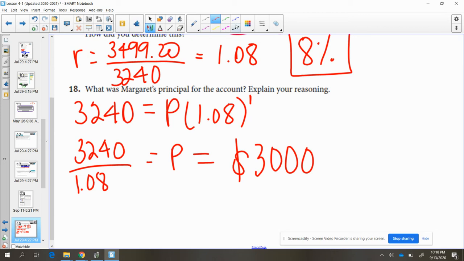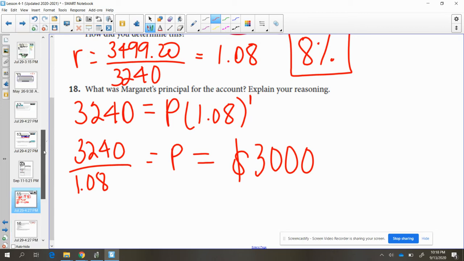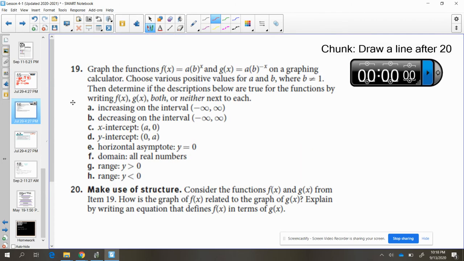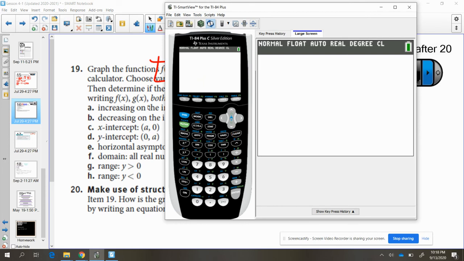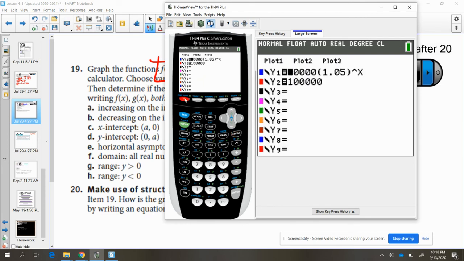All right, last but not least for today, let's talk a little bit about the difference between that exponential function and if we take the exponential function raised to the negative x power. So if we take our calculators, let's just choose an a and a b value to be safe here.